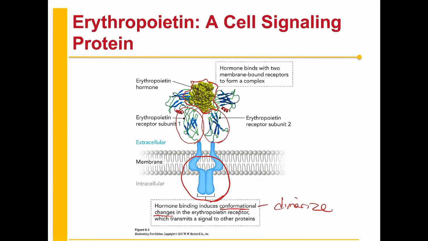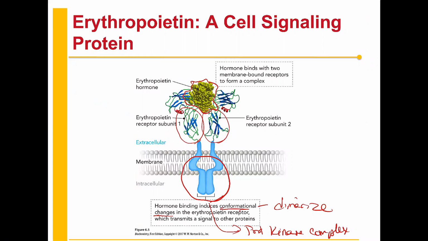And so once the cytoplasmic tail of that receptor dimerizes, it's going to stimulate the formation of an intracellular protein kinase complex in the cell, one that's responsive to that dimerization.